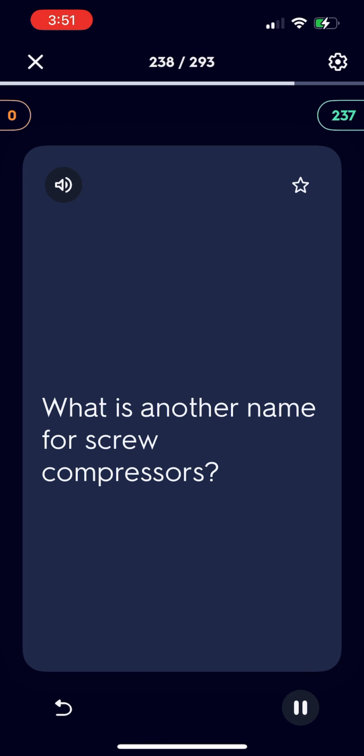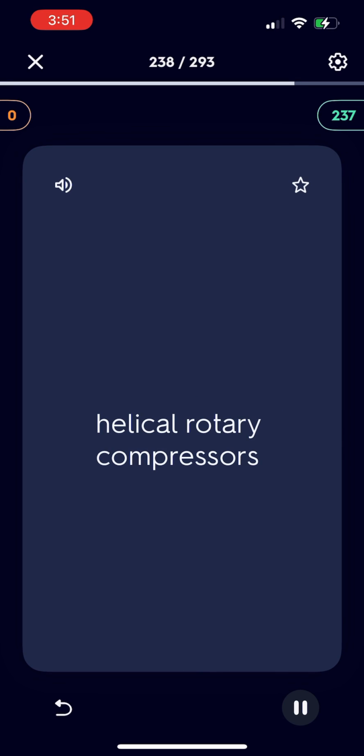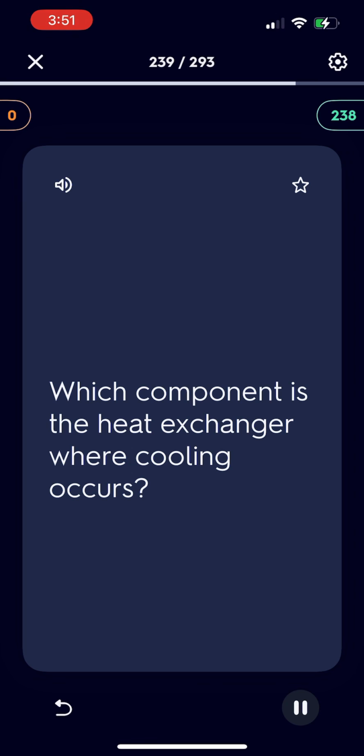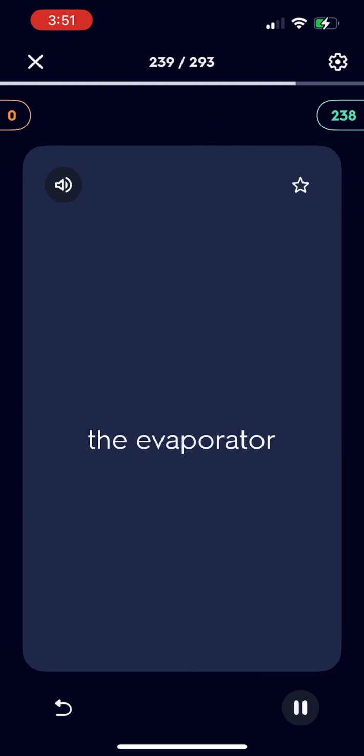What is another name for screw compressors? Helical rotary compressors. Which component is the heat exchanger where cooling occurs? The evaporator.